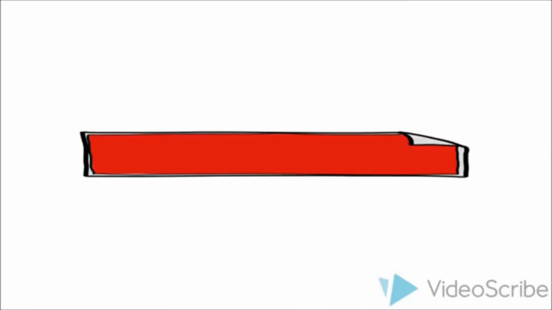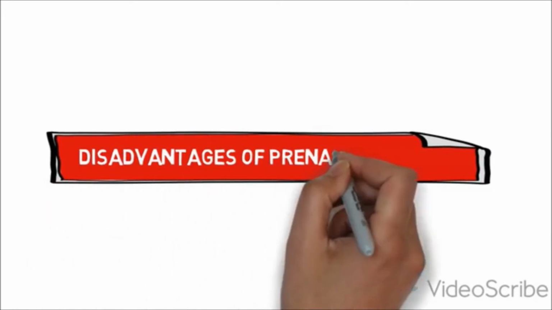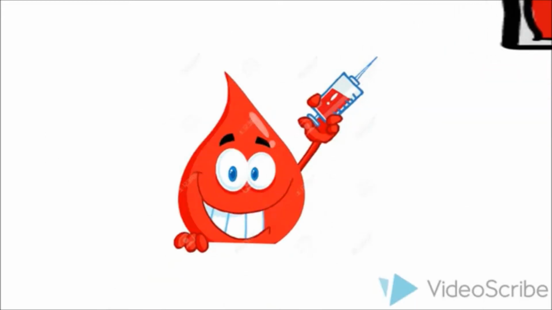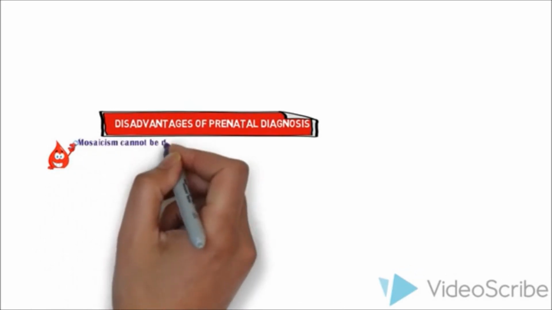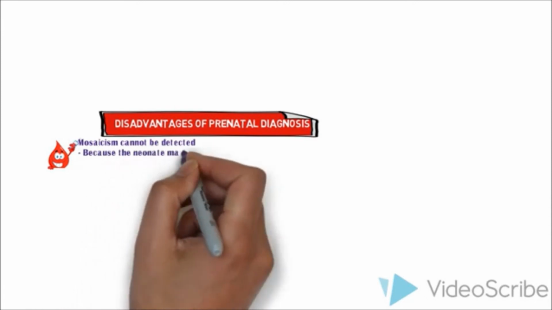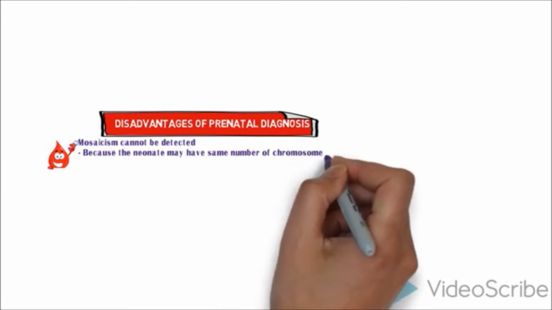So, done with the advantages, we proceed with the disadvantages of prenatal diagnosis. There are pros and cons of having this diagnosis. The first disadvantage is about mosaicism. Mosaicism cannot be detected, because the neonate or the newborn may have the same number of chromosomes.